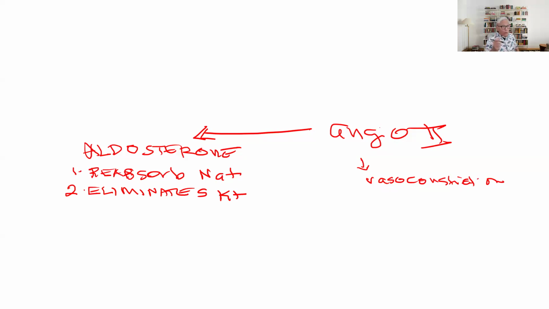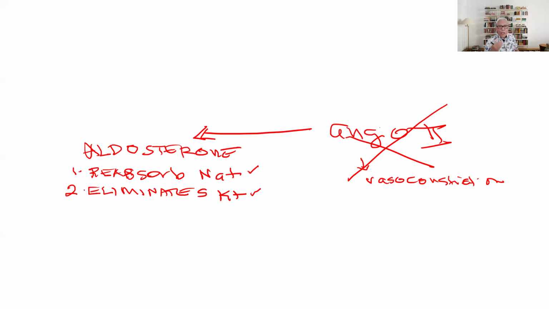So now what you're going to do is to block this angiotensin II. You're therefore blocking this, so you're going to have elimination of sodium and your reabsorption of potassium. That is the reason why you have hyperkalemia.